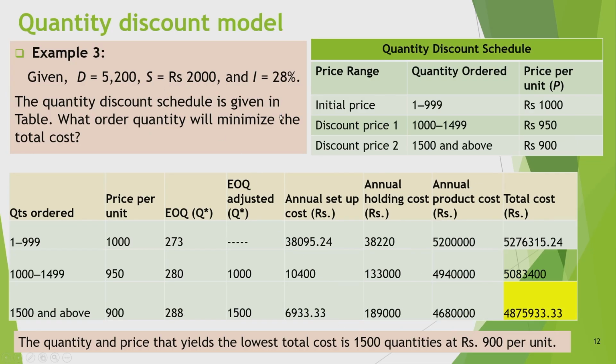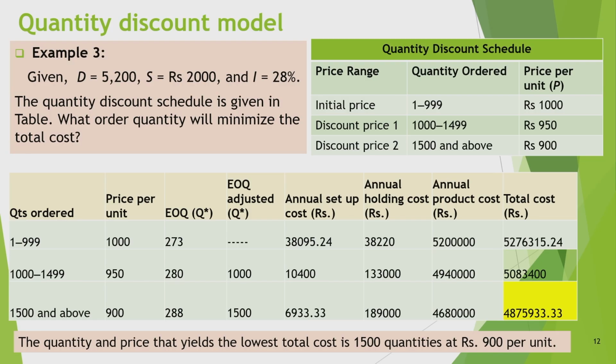If I change the problem a bit more, so that in this case the discount price 2 was somewhat lower, only 900, with discount price 1 the same, then I do the same type of calculation. I make the table. For quantity 1 to 99, the economic order quantity was 273 and the total cost was 552 lakh something.